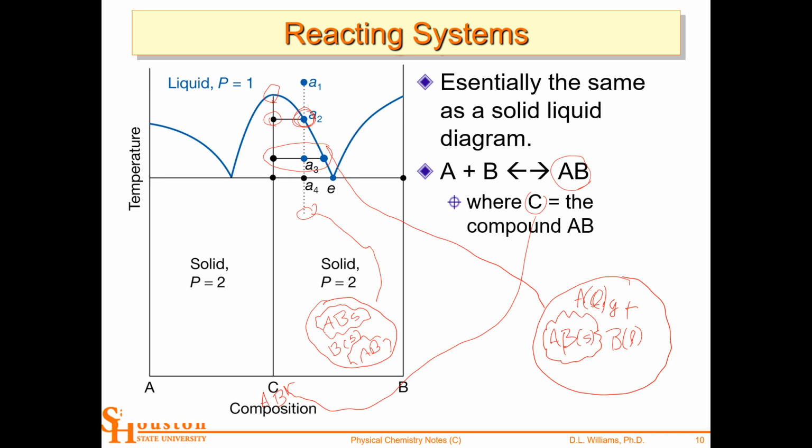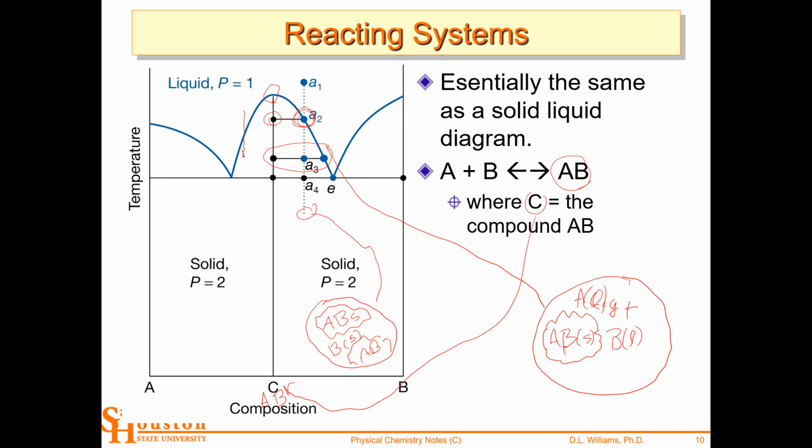And that might be the material that has the best properties that you want to be on that side of the AB composition line. Or maybe that's bad. Maybe B is weak and fractures, and so you want to be over on this side. If you're over here, then you have AB solid and A around it.